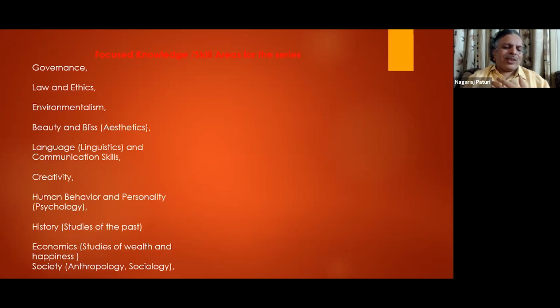Because the aspect of creativity is useful for running a state, for running a government department, for being a creative leader of public affairs, or you can be a creative manager, a creative corporate leader. Creativity is an area which is useful for so many different fields, not limited to music, dance, drawing, painting, sculpting, and all that.